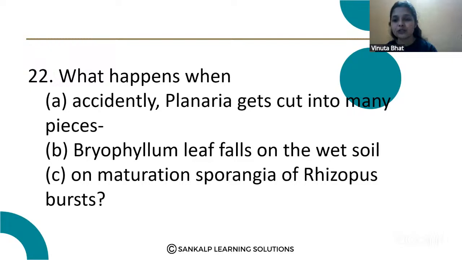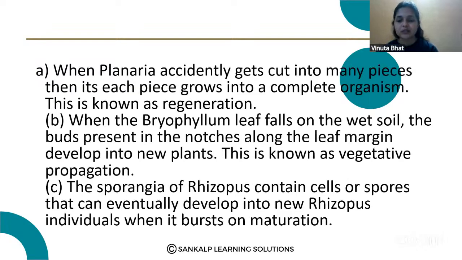A Bryophyllum leaf falls on the wet soil and develops into a new plant, and on maturation the sporangia of Rhizopus burst, and the spores reach the substratum and develop into a new organism. When planaria accidentally gets cut into many pieces, each piece grows into a complete organism. This is known as regeneration.